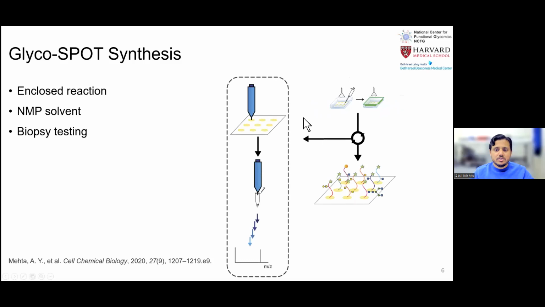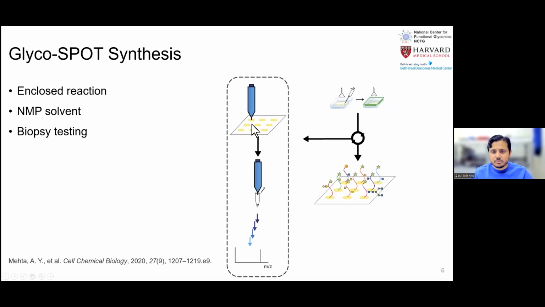But in order to test whether these glycopeptides were being generated efficiently, even before we moved on to the next cycle after putting on the glycoamino acid, we could do something called biopsy testing. So in this, we basically take a biopsy needle and we actually punch a hole inside this spot, which is 1 millimeter in diameter.